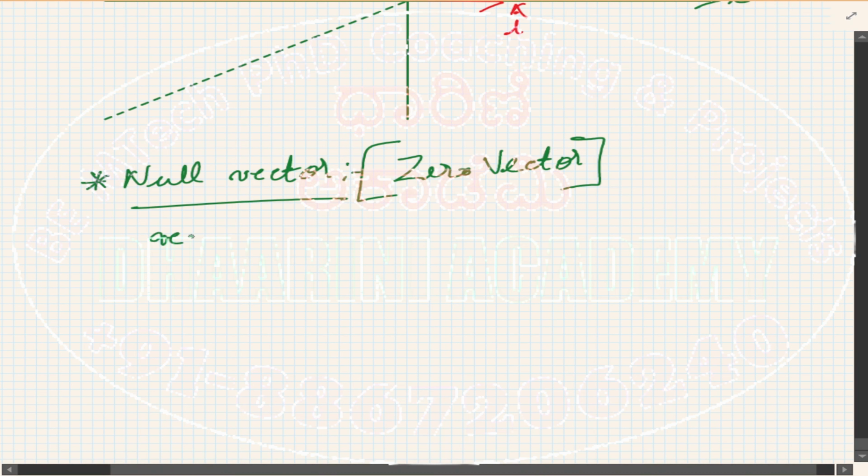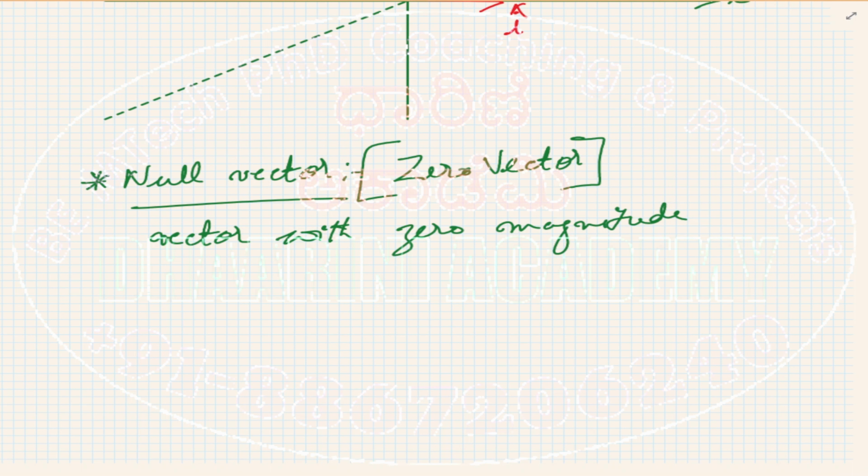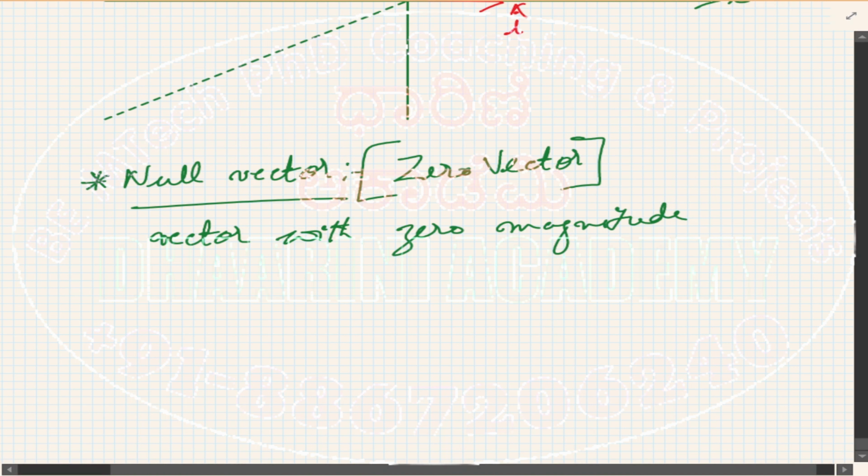So this is a vector with zero magnitude. Okay, zero vectors do not specify anything physically, but mathematically sometimes we get the answers as zero vectors, because when you add two opposite vectors, we'll say that it's a zero vector. That doesn't specify anything physically, but mathematically they have some significance.